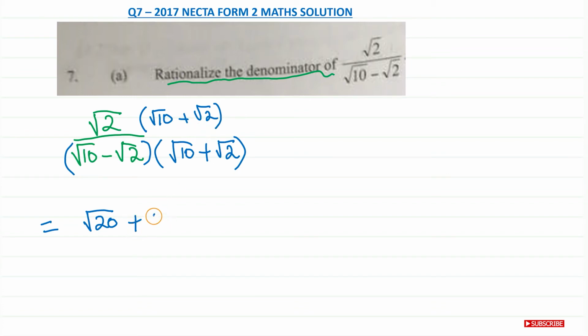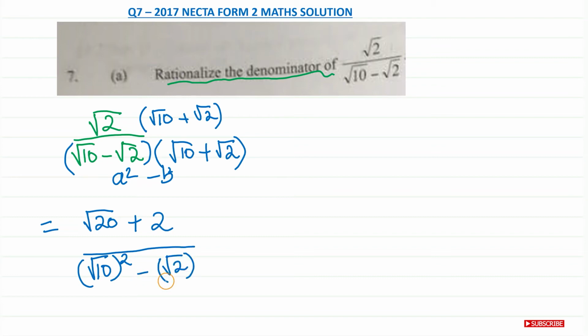So plus 2, and everything divided by, well, this is the difference of two squares. So we will get a squared minus b squared. Now our a is √10 and our b is √2. So let's square those first of all. √10 squared minus √2 squared.